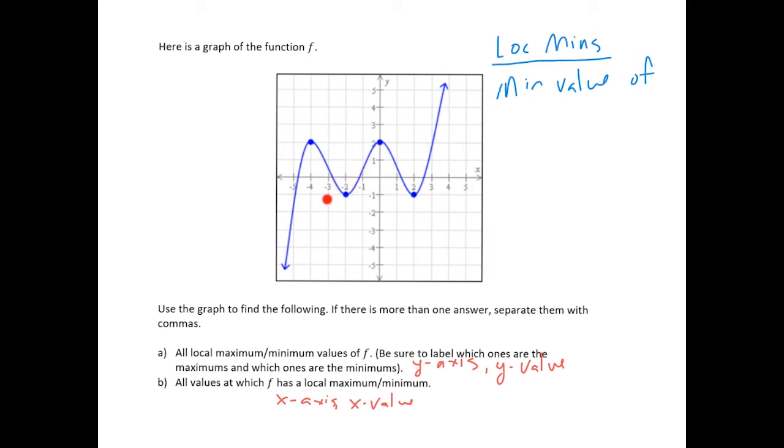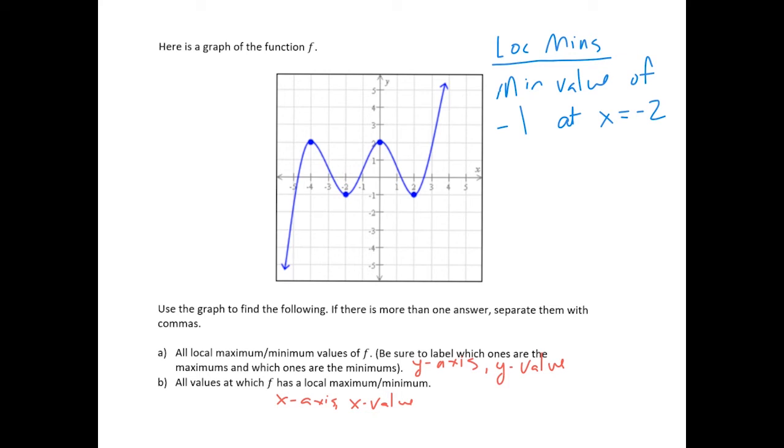My first minimum happens right here, and there's the other one. So this is a minimum value of -1. So I have a minimum value of -1 at, so where does that happen? At x equals -2, because that is the x coordinate where this minimum happens.